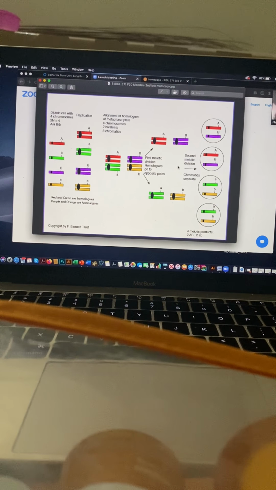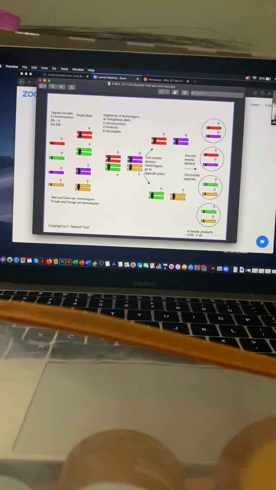Now you have the second meiotic division where you have the separation of the chromatids going to opposite poles, and you end up with 4 haploid cells. 2 of them carry big A, a red and a purple chromosome. So they have big A, big B alleles.